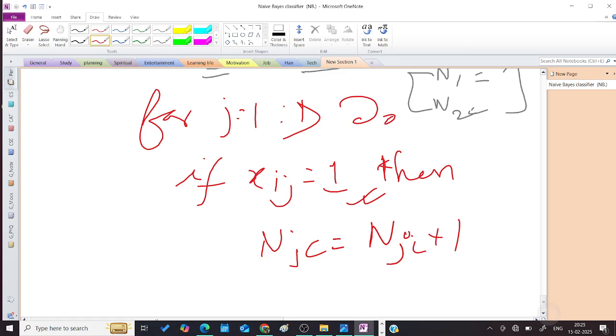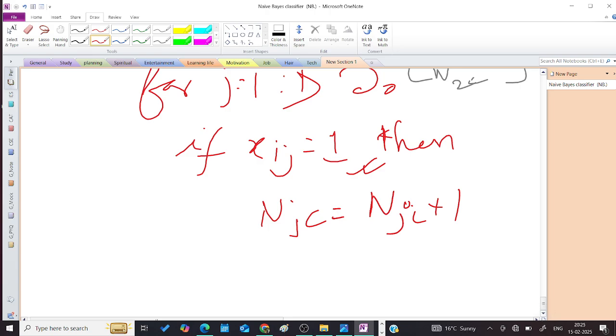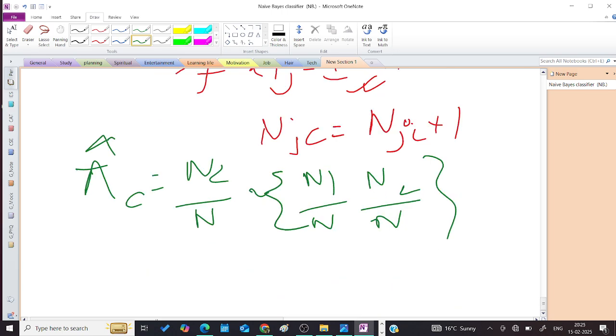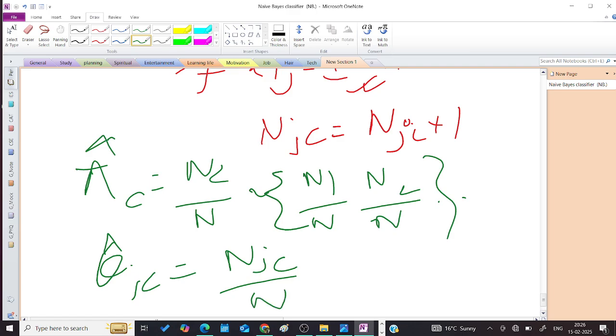So we are increasing the feature count by 1, and finally we are finding pi hat c equals nc by n. This is like n1 by n, n2 by n in case of binary, right? And if there are k classes, then it will be up to k. And theta hat jc is nothing but njc by nc, right?